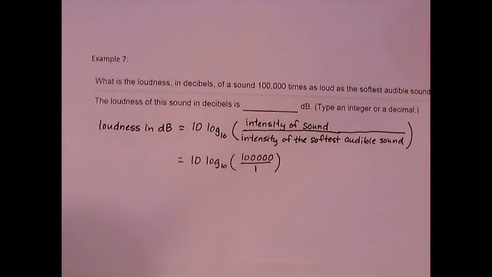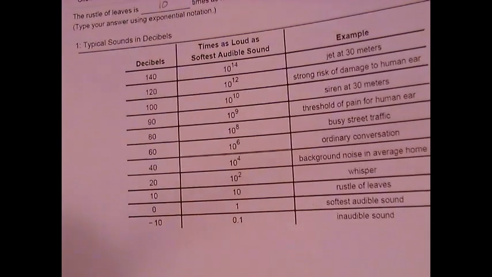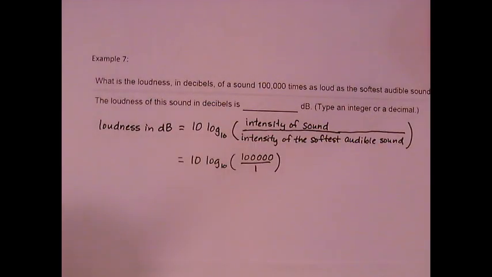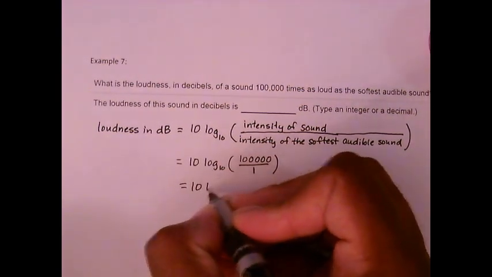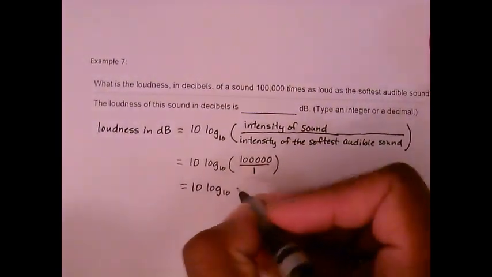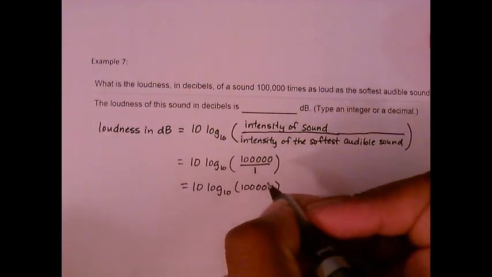We can get that from the table that I just showed you. The softest audible sound has an intensity of 1. That's the one in the center. Now, if I do 100,000 divided by 1, that's going to be 100,000. So I'm going to have 10 times log to the base 10 of 100,000.